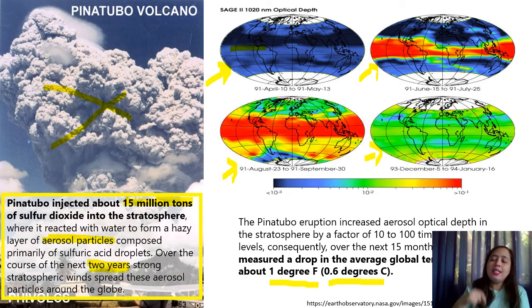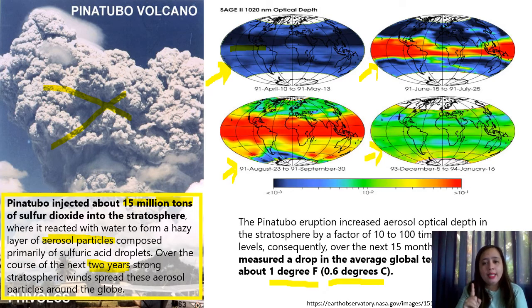Rather, the presence of this aerosol or these outgases causes the global temperature to drop by 1 degree Fahrenheit. At the same time, it delays, no, global warming. Hindi pala climate change. I'm so sorry. It delays 2 to 3 years ng global warming.